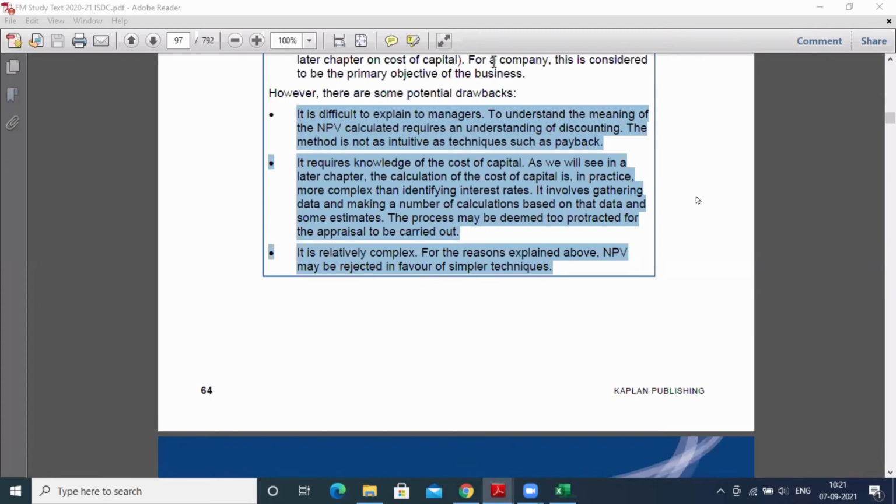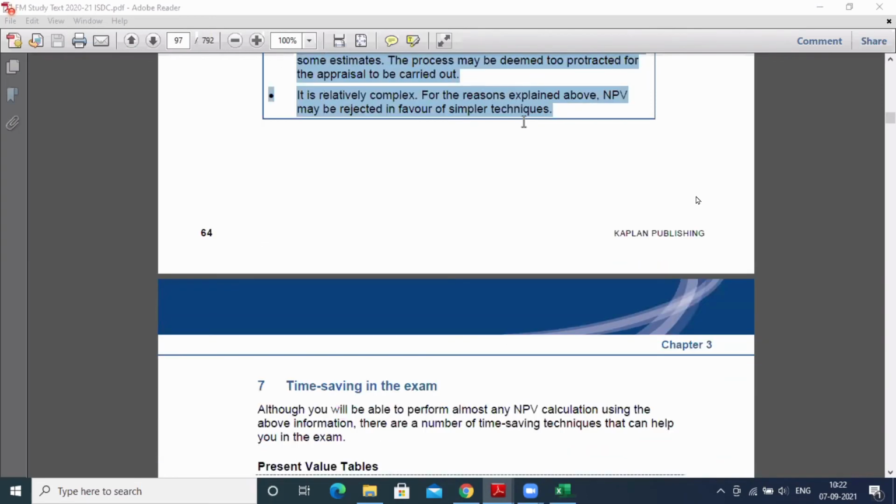Anyway, we'll be discussing this. But the answer for your question is yes, NPV is the superior method of all these investment appraisal techniques. Okay. Is that clear?